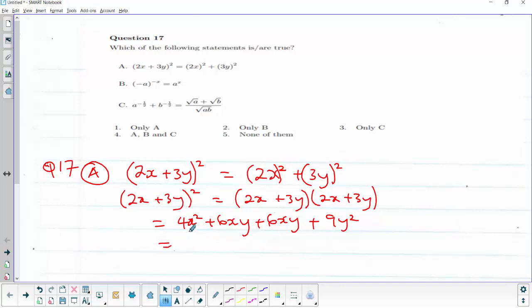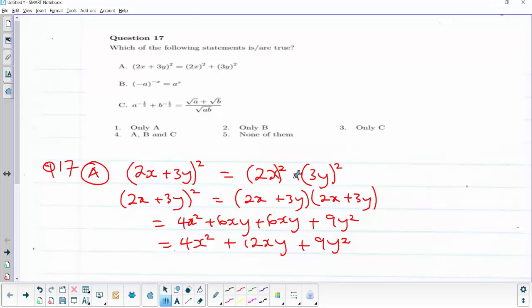So we can evaluate this now. We have like terms, which are 6xy and 6xy. So this becomes 4x squared plus 12xy plus 9y squared. So this is (2x + 3y) all squared.